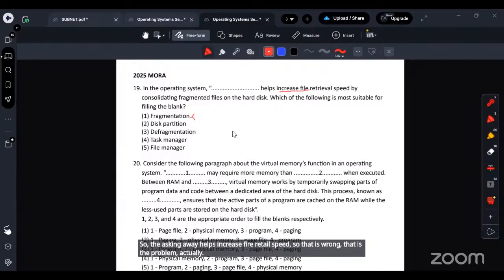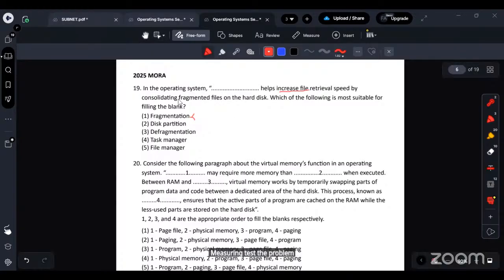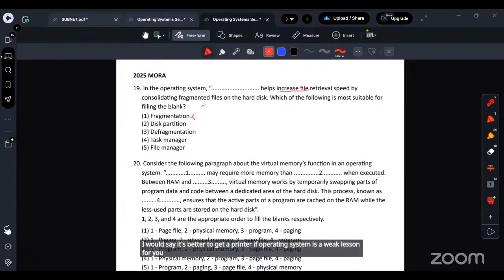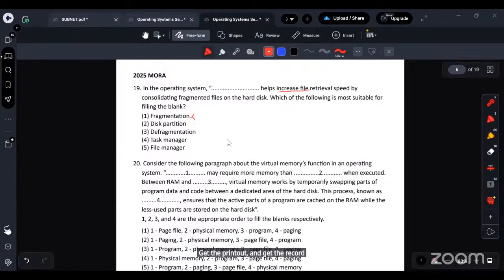If you have printed these MCQs, you can write next to it that it is the problem itself. I would say it's better to get a printout if operating system is a weak lesson for you. First take a printout, do the answers yourself, get the recording and correct it.